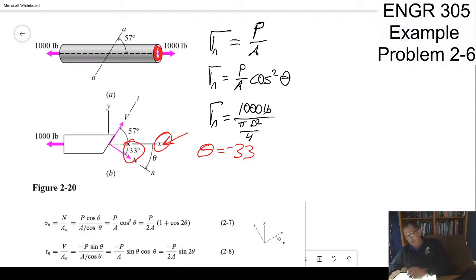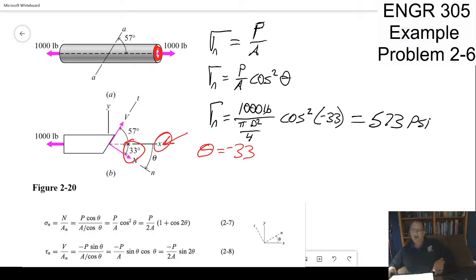And then cosine squared of minus 33. If you calculate all of that out, you get 573 psi.